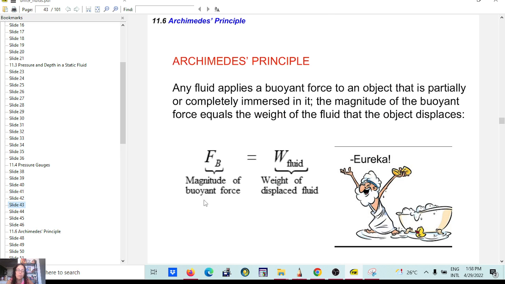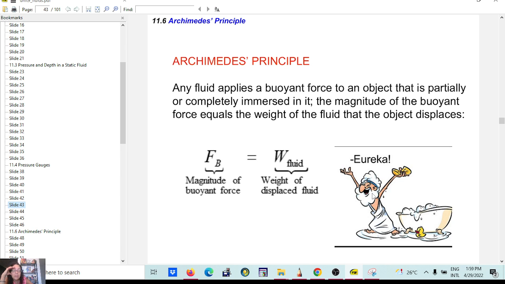The magnitude of the buoyant force equals exactly the weight of the displaced fluid, right? The legend says that that's where Eureka came from. You know, when you find something, you say Eureka. Eureka is Greek.